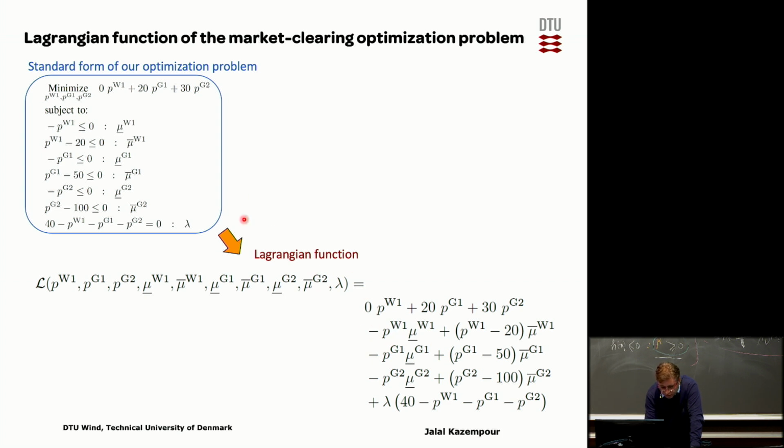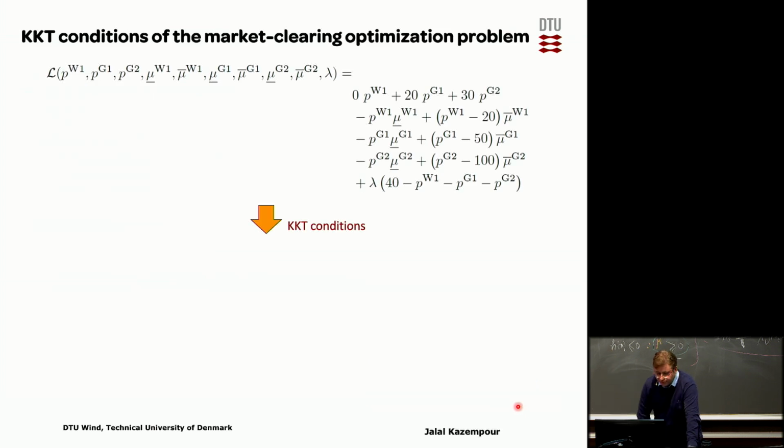Now for the second inequality, mu bar is here, times the left-hand side, Pw1 minus 20. And it goes the same until the last constraint, lambda times the left-hand side, 40 minus and so on. Do you agree? Is it clear? Now we derive KKTs.